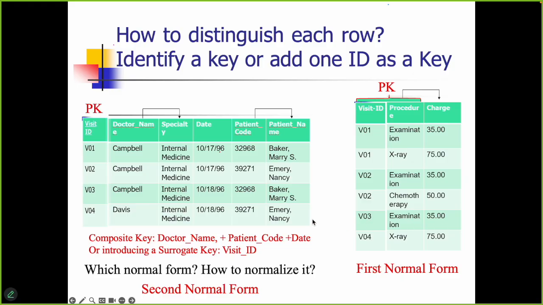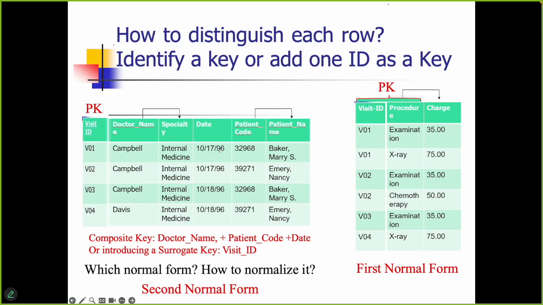2NF, Michael says 1NF, Harriet says 2NF. So let's say the primary key is visit ID. Partial dependency between what? Yeah, you're correct, Jeffrey. It's not. The confusion might be because we had a composite primary key before, but we added visit ID.